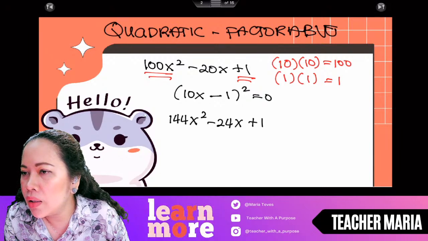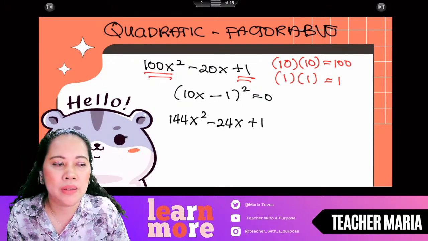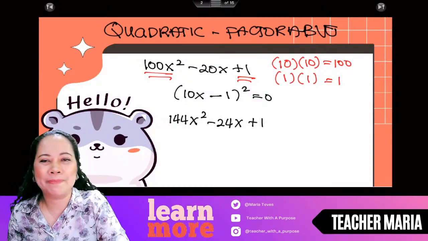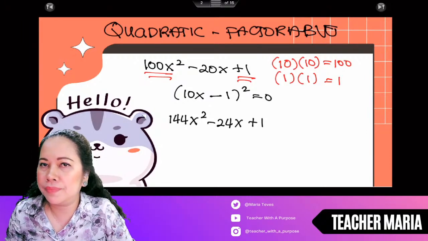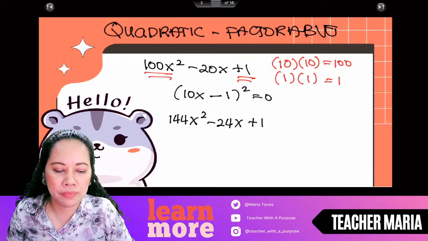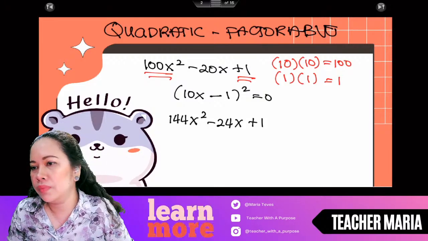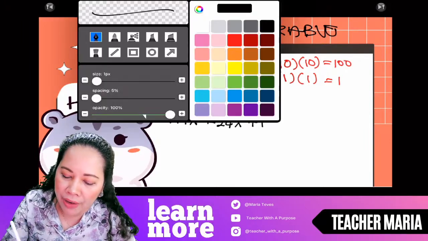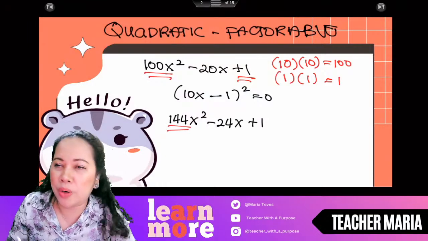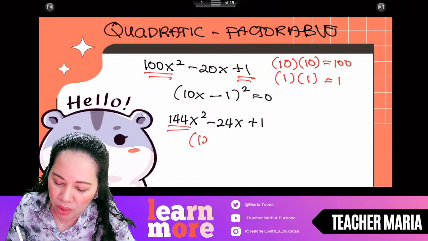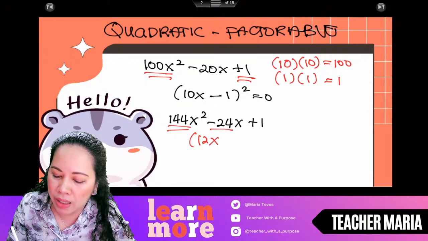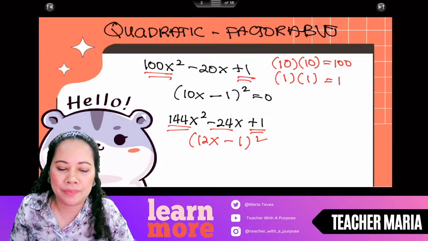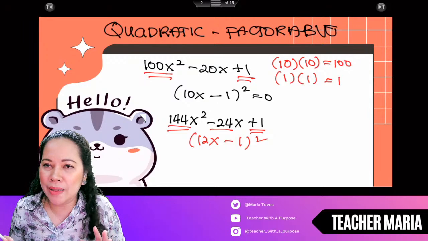Yes, that is right. So the root of 144 is 12x. And since it's a minus, you place a minus, and root of 1, yeah, that's correct. Okay, so this one is a perfect square trinomial.